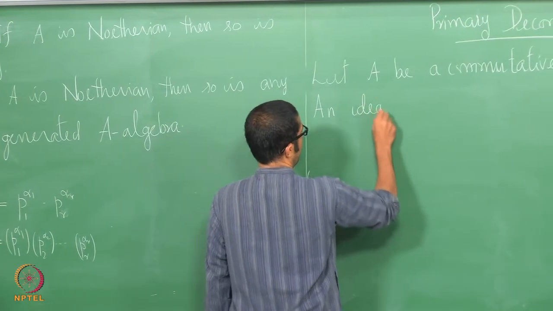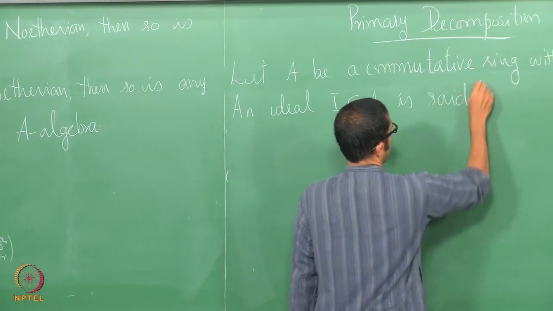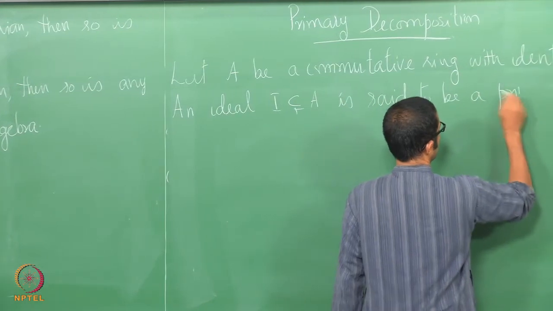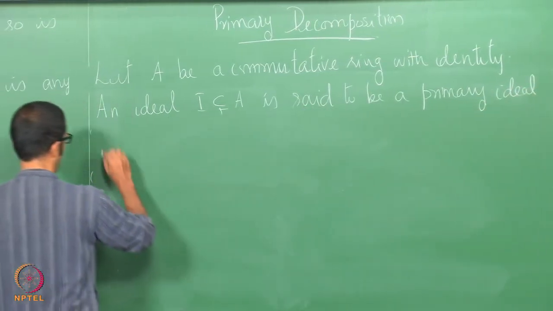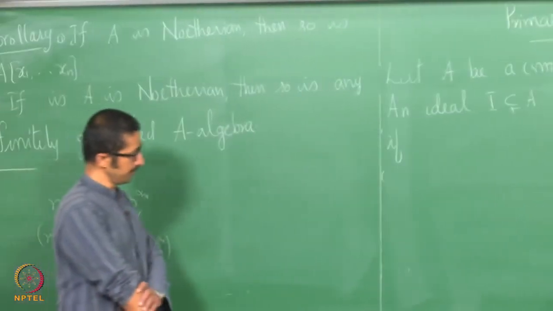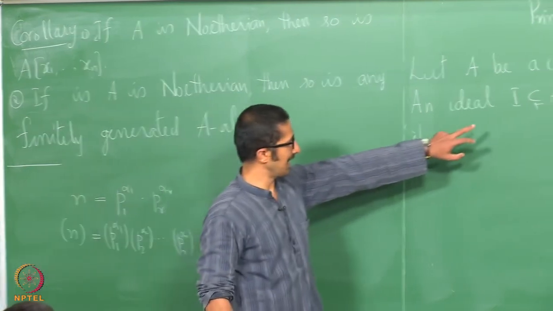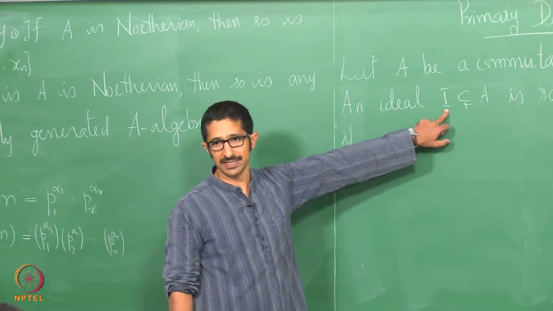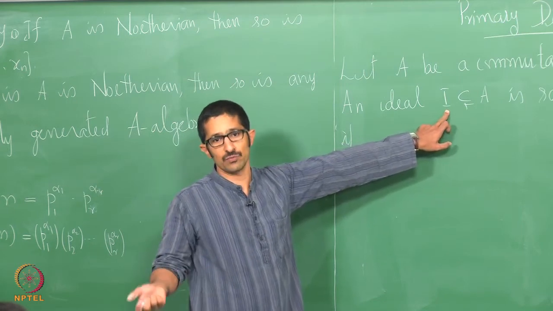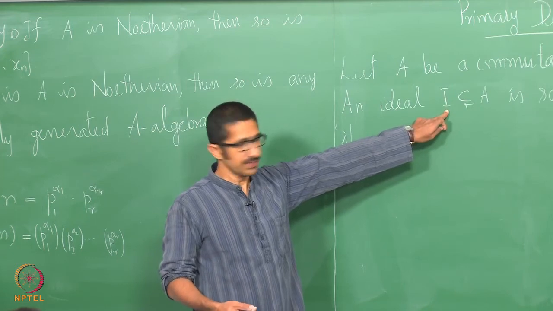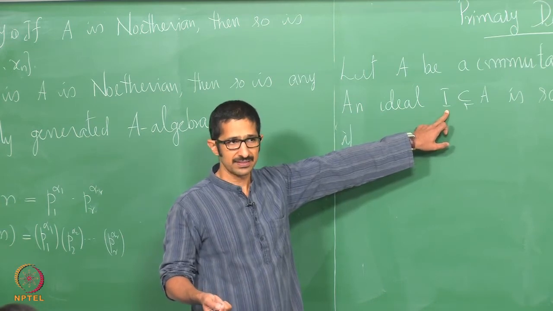A proper ideal I is said to be a primary ideal if... So I is said to be a prime ideal if xy is in I implies either x is in I or y is in I. Equivalently, A mod I is an integral domain, right.